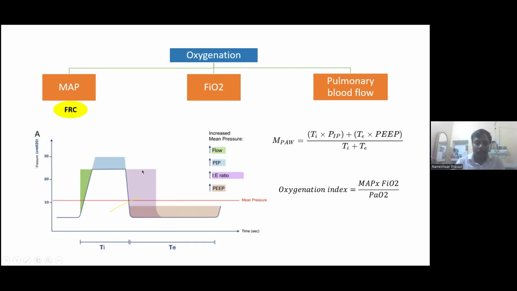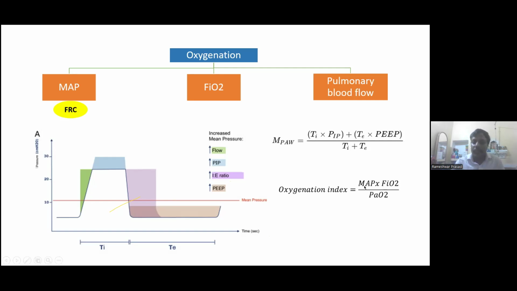So the maximum effect will be when you increase the PEEP, then MAP will directly increase. Second is FiO2, and third is pulmonary blood flow. When the pulmonary blood flow is compromised, one cause is shunt, second is pulmonary arterial hypertension or persistent pulmonary hypertension of the newborn, where pulmonary blood flow to the lungs is not there, and it will also not respond to hypoxemia.